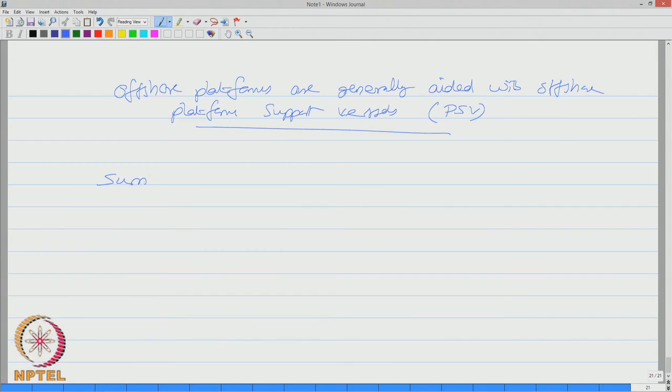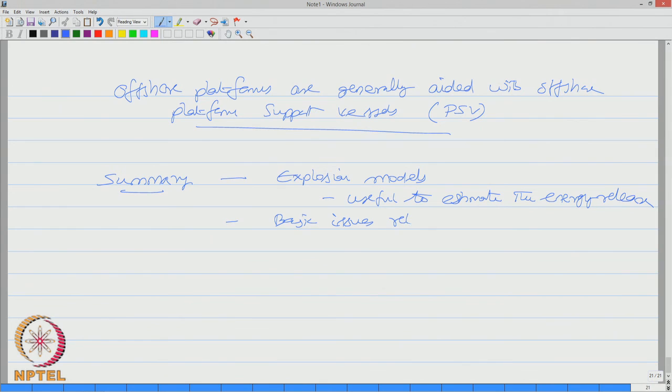In this lecture, we understood explosion models which are useful to estimate the energy release. We understood some basic issues related to fire protection systems to be used in offshore platforms.